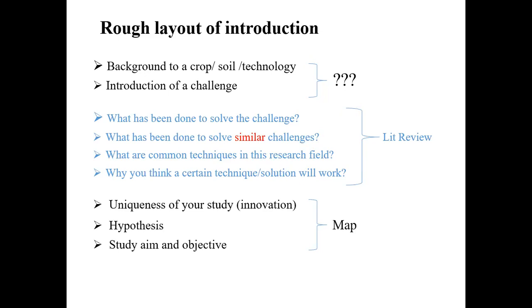And now you will go to the literature to find what other people have been trying in order to solve the challenge. That's where you will be looking at the fertilizers that they have applied and say that their fertilizers were like this, like this, like this. And then they applied, and this is what they observed.